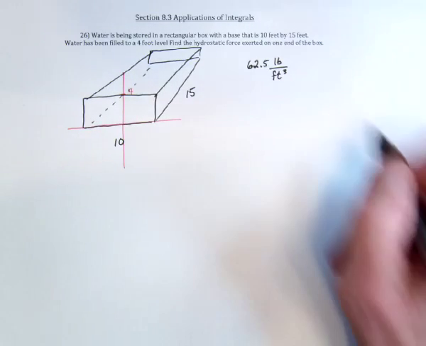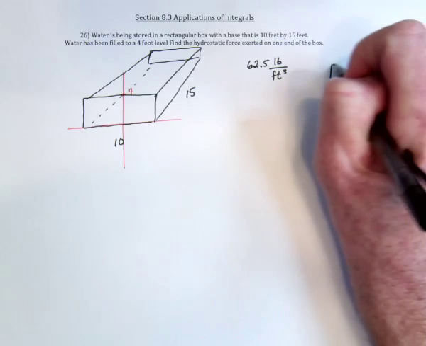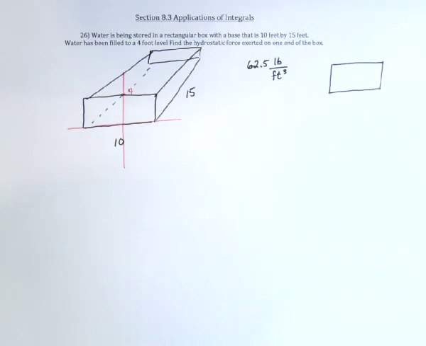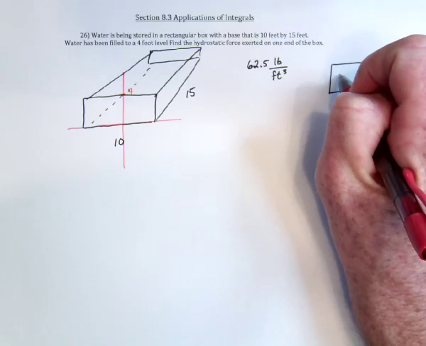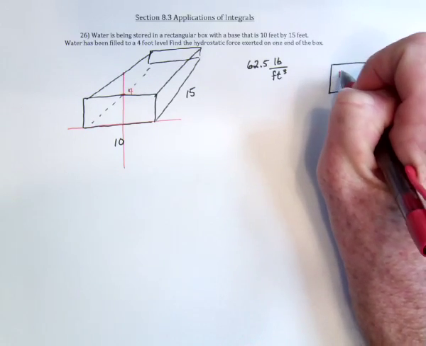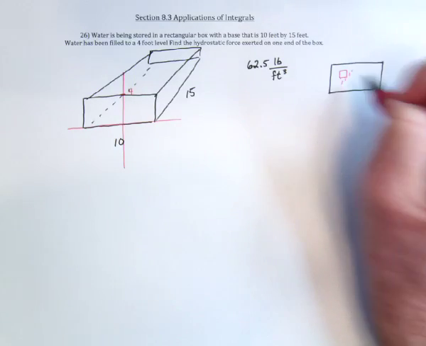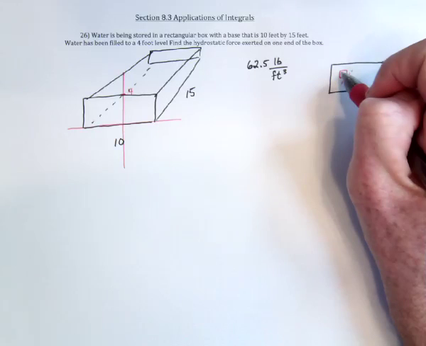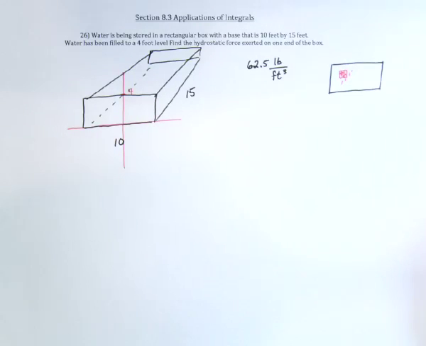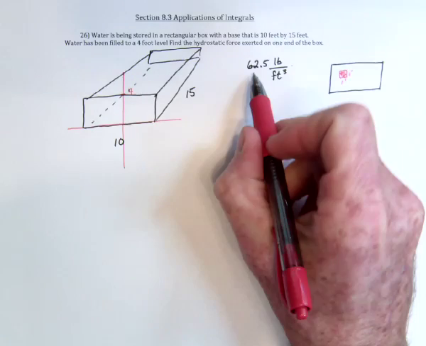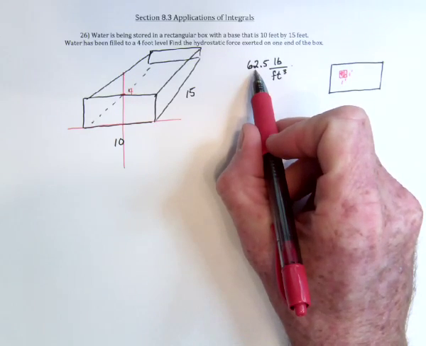So if you have the face of the box like this, and you say, well, what I'll do is I'll take let's say a 1 foot by 1 foot square. The area of that, of course, is 1 square foot. And you multiply how much the water is pushing on it.